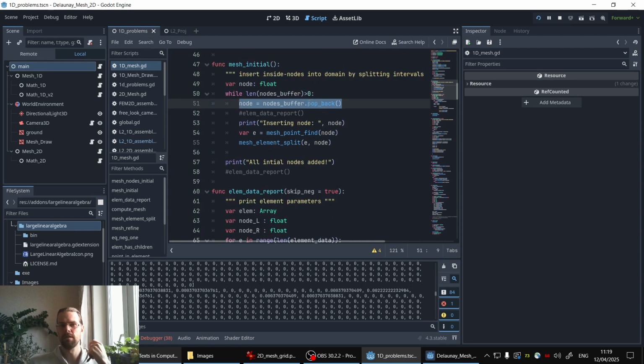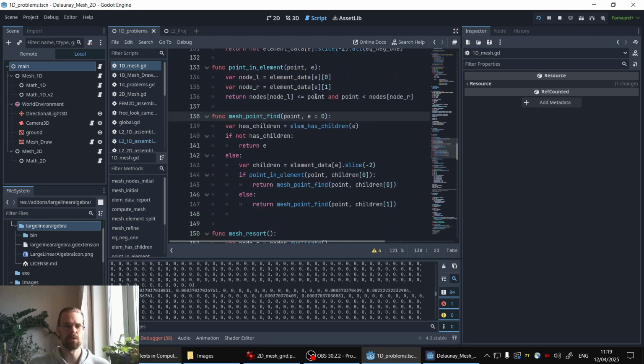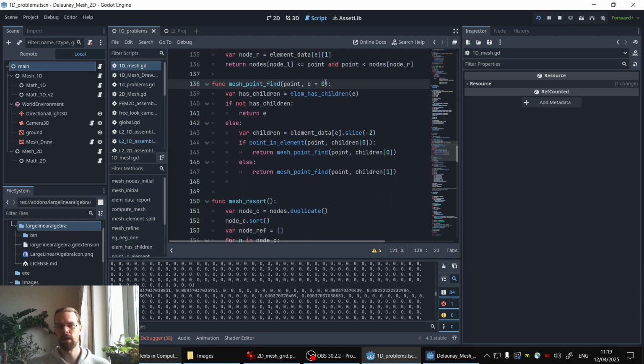And we have this described algorithm of actually finding which element this node is part of, and then splitting it into 2 children. And let's examine how this recursive element is organized. First of all, I give a point and I don't give which element to search. It starts searching from element 0, which is the whole domain. If it's the first point, it will not have any children, so it will return this 0th element and it will split the 0th element.